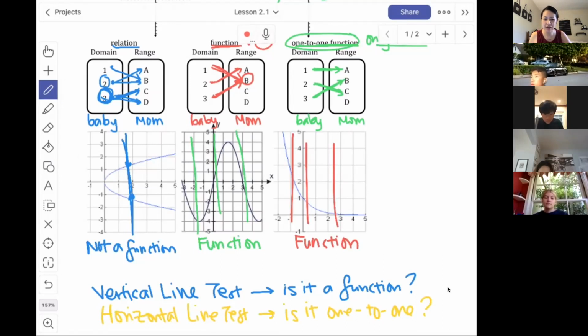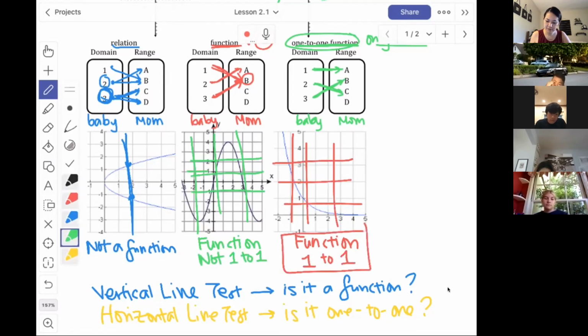So I'm not even going to do it on the first graph. But this one, horizontal line test, it does not pass. So this is not one-to-one. This one does pass the horizontal line test. So this is one-to-one.